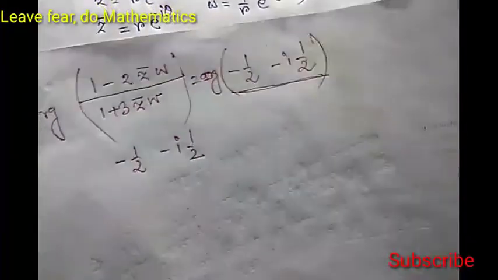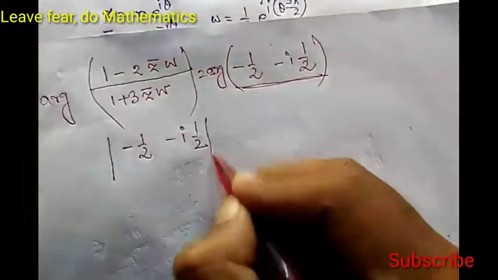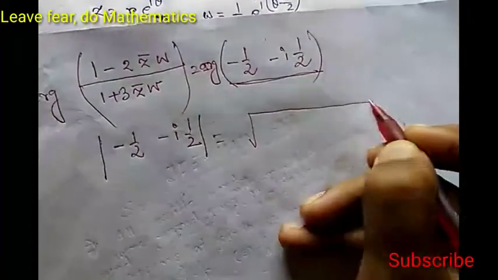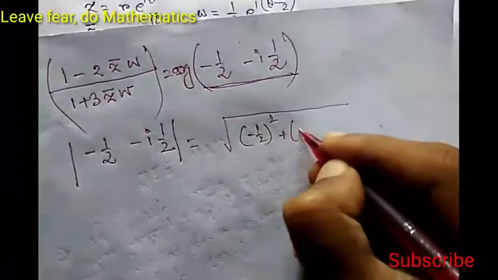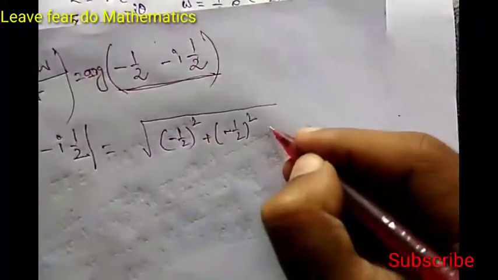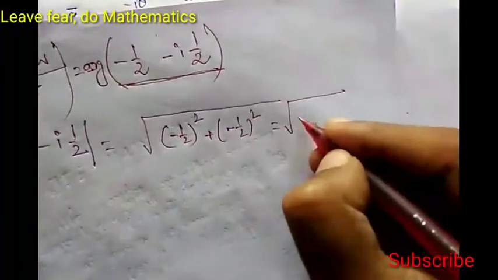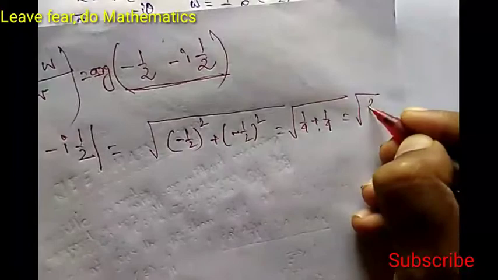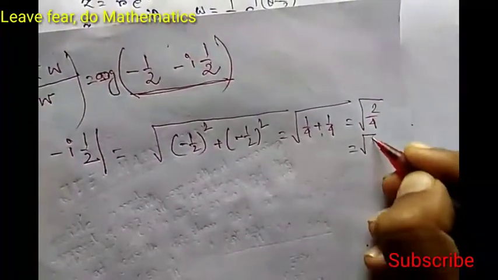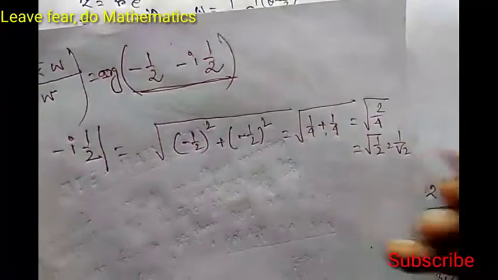The modulus is root of minus half square plus minus half square, that is 1 over 4 plus 1 over 4, which is 2 over 4, that is root of 1 over 2, equal to 1 by root 2.